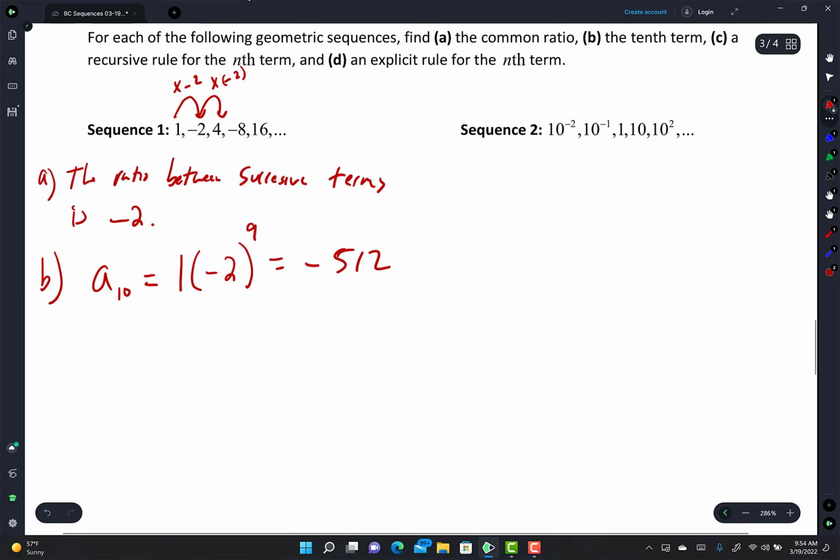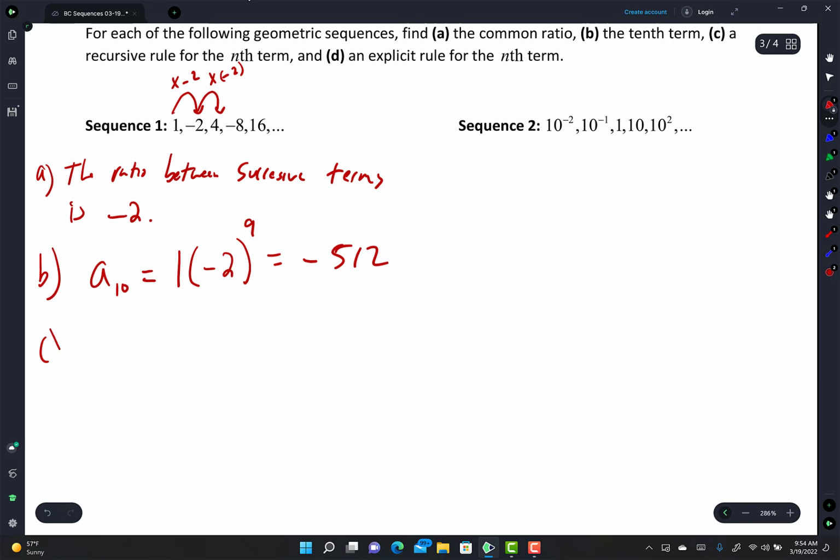Let's go to letter C. A recursive rule. Can we figure out a rule? Yes. Okay, well, for sure. Oh, recursive. So that means I have to give it something. I have to give it the first one. A of 1 has to be 1.